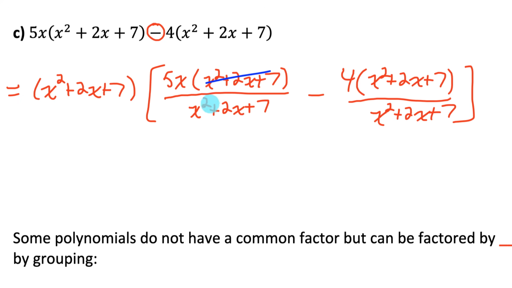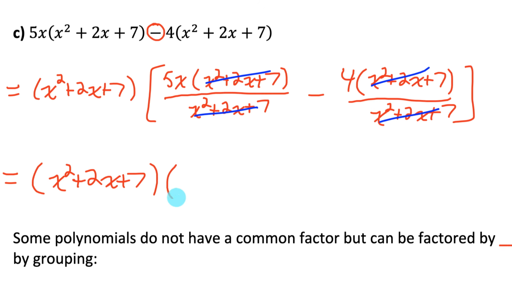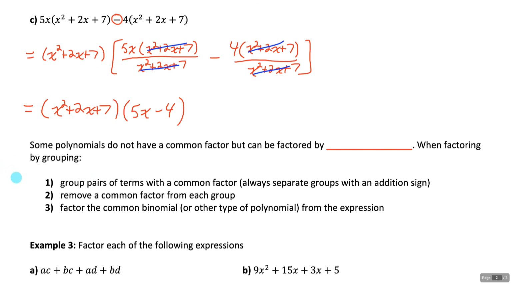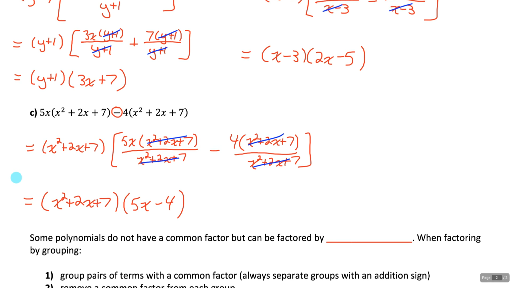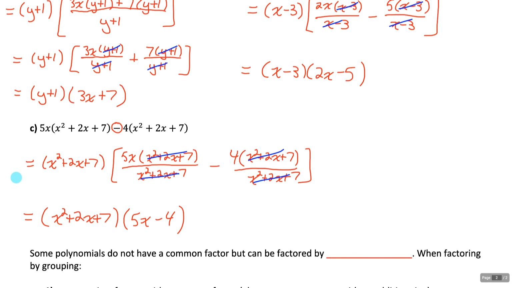In both of those terms, I can cancel those out, and I'm left with my final factored form answer of x squared plus 2x plus 7 times 5x minus 4. And there we have it. We've got each of those three into factored form, just a product of factors.